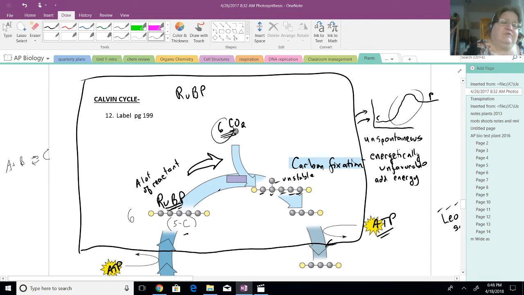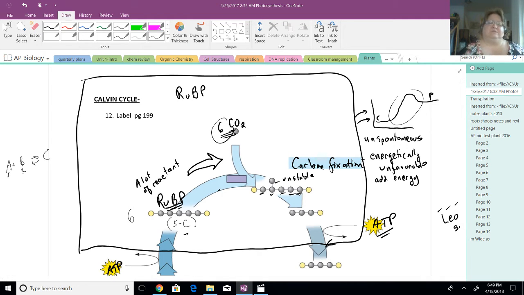If you have more of reactant A and more of reactant B, those are going to be the molecules that are bumping into each other and colliding, and they're going to have the most likely chance of reacting. So the plant is going to make a lot of RuBP to have around to foster that direction.